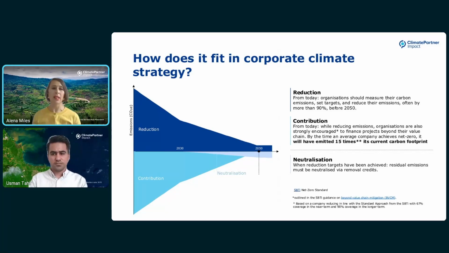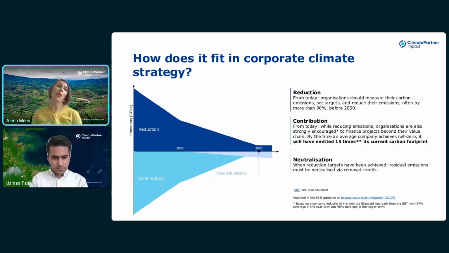There are many different standards, and the one that I'm sharing here today is the Science-Based Targets Initiative, which is one of the biggest not-for-profit bodies that helps companies set and monitor these types of targets. And there are many others. But I think this gives you a really great framework as a corporate to think about, how do I make impactful climate action? So let's just have a look at this graph here.